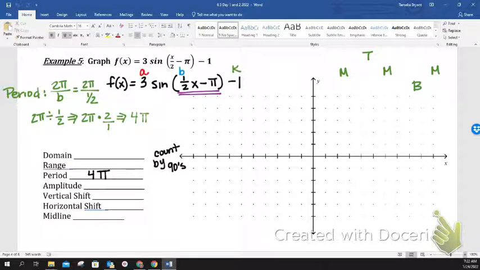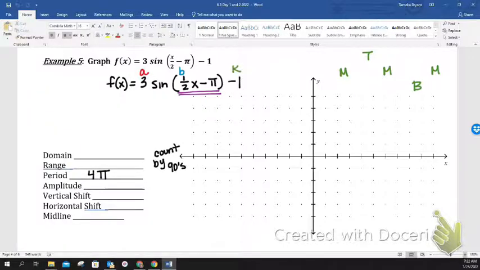Okay, let's go ahead and find our phase shift. To find the phase shift, take your parentheses, which is 1/2 x minus pi equals 0. Let's solve that for x, because that's going to tell me where to start the wave.